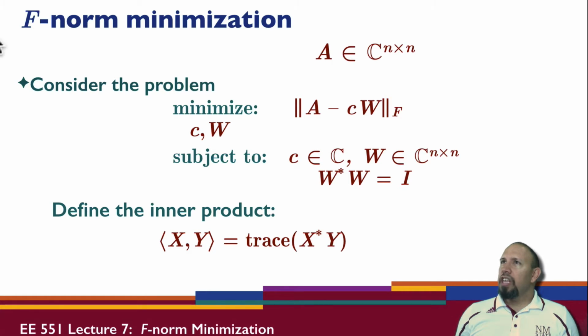Now, in working with the Frobenius norm minimization, we can define this inner product between matrices X and Y as the trace of X adjoint Y. Okay, and when you take the trace, you're getting just a scalar value. And we can go through and show that for matrices, this satisfies all the properties of the inner product.